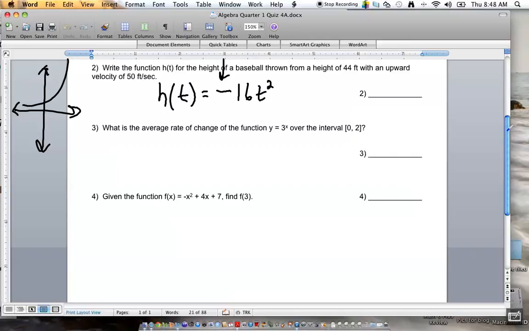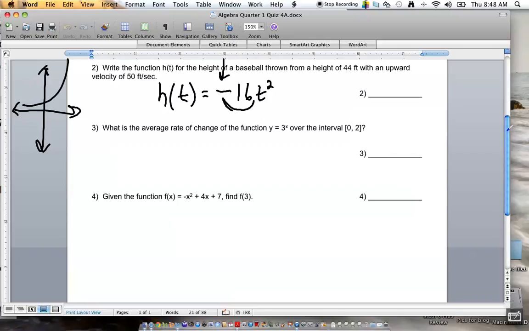So here is a little rubber band ball, and I'm going to throw it up with force. But the attraction of the Earth for this ball is so strong because of the size of the Earth that it's going to pull it back down. So remember, it's going to pull it back what? Down. Is down considered positive or negative? Now, the part of the force here that is the down is the -16 t squared.